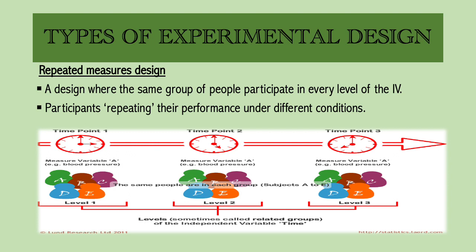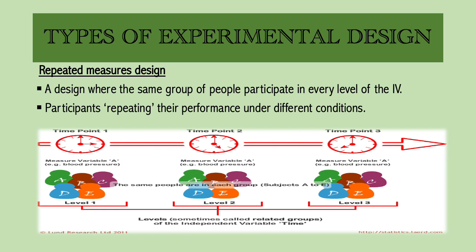Okay? If you go to the definition there, repeated measures design means a design where the same group of people participate in every level of the IV. It's repeated, meaning participants repeat their performance under different conditions. You have 3 levels of IV, but you're using the same participants in each condition.